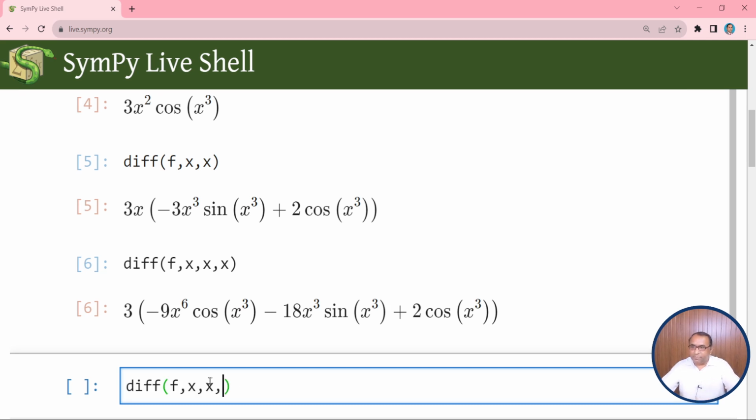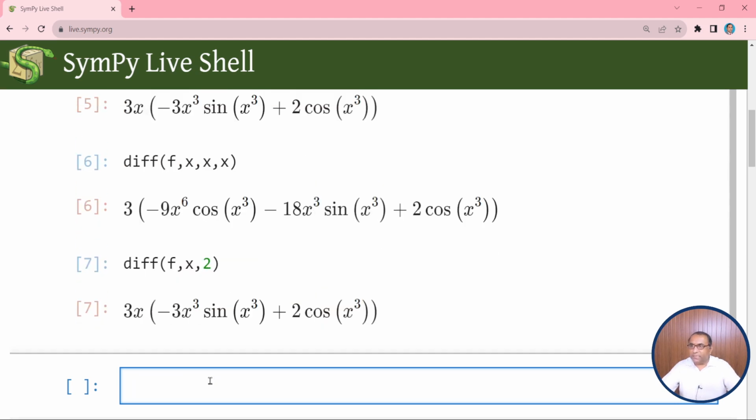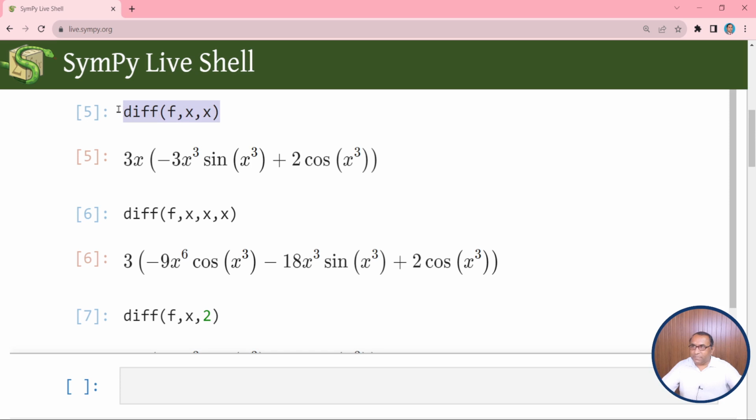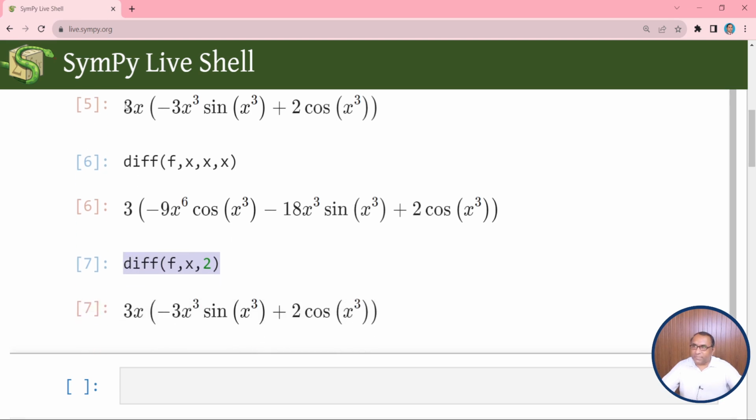The other way, if you are using 2 at this place, then enter and you will find that the derivative we found here, diff f comma x, which is the second order derivative, and this is also the second order derivative, and the values of these two are the same. You can see this equation as well as this one.